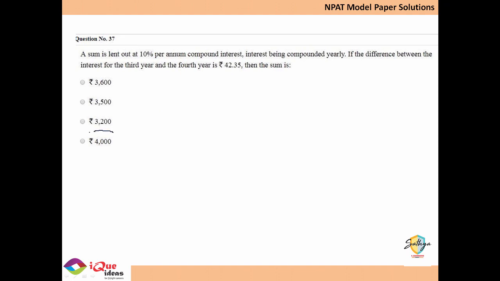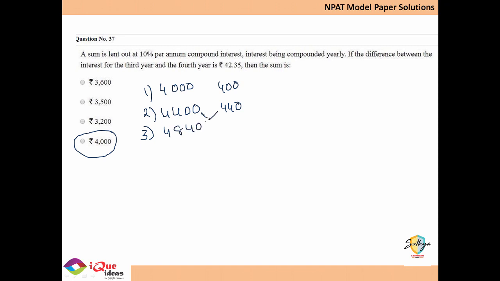Let's assume that the principal was 4,000. So on 4,000, for the first year, I would have got 400 as interest. So principal becomes 4,400. 10% of that, 440, is my interest. For the third year, 4840, you add the interest to the principal.